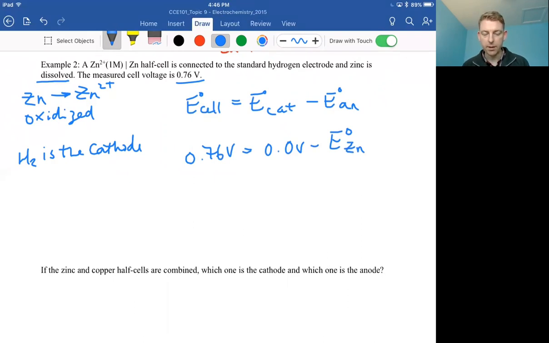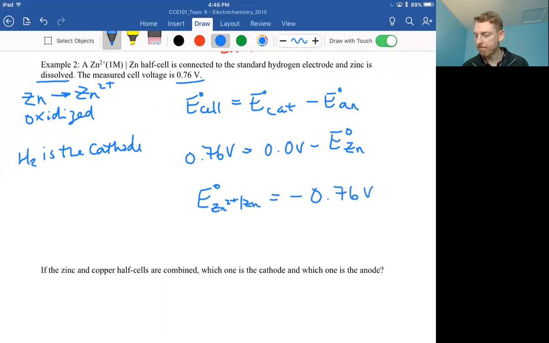So 0 minus that is 0.76 volts. So our standard potential for zinc 2+ to zinc must equal negative 0.76 volts, which we already knew it to be.